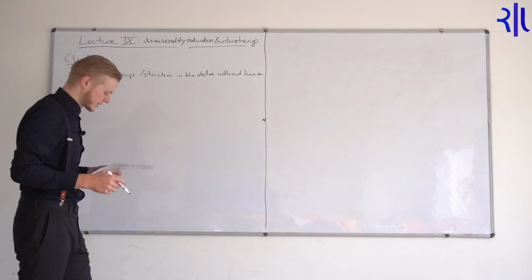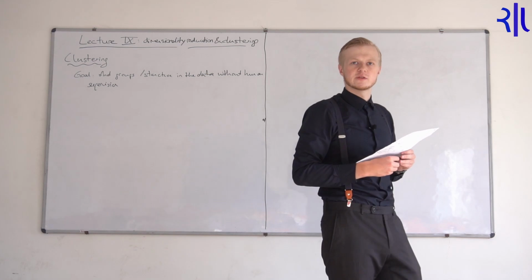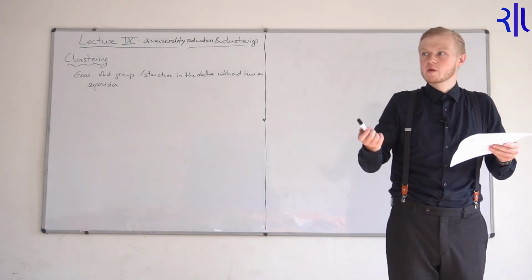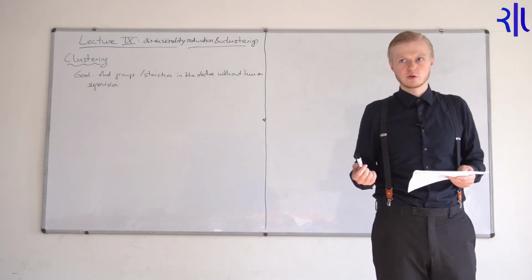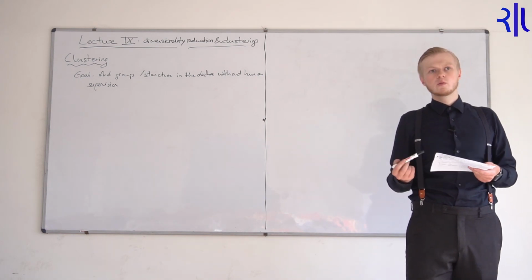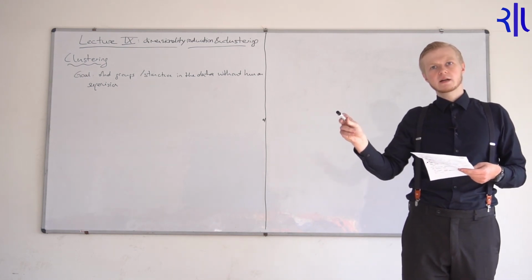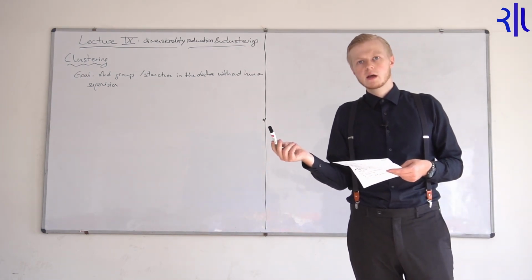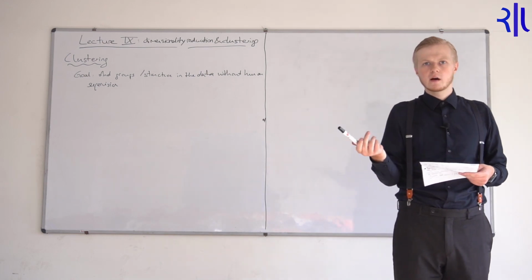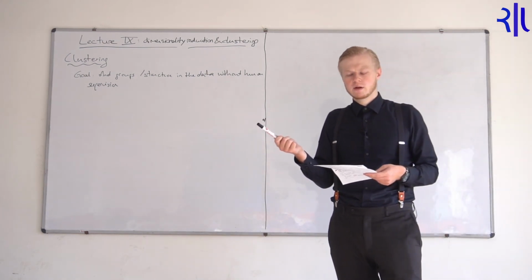So the goal of clustering is to find groups in the data without human supervision. Normally, in the supervised tasks that we were looking at in the past, we already knew that this is a dog, this is a chair, and we taught the machine learning to then classify new objects into the categories that we've given.